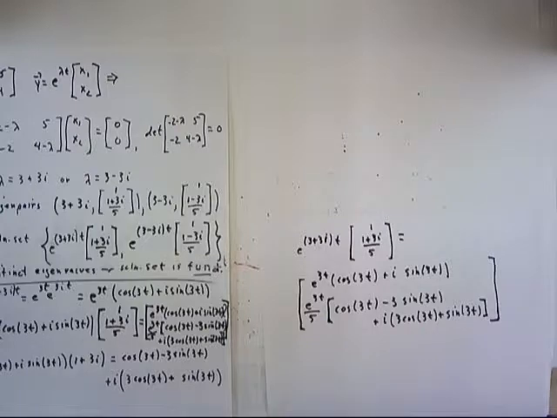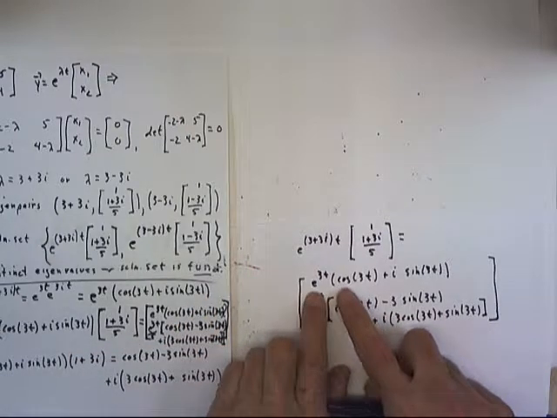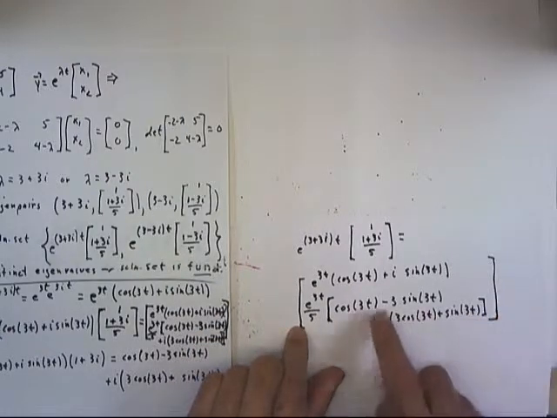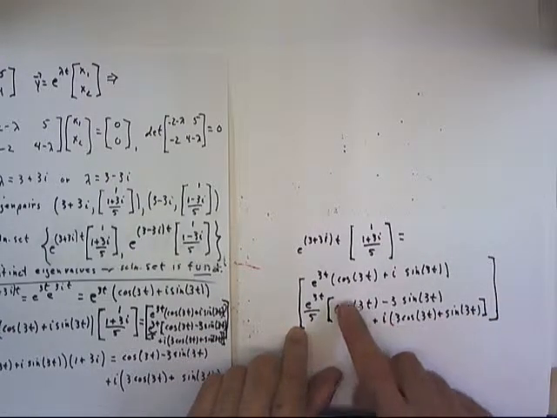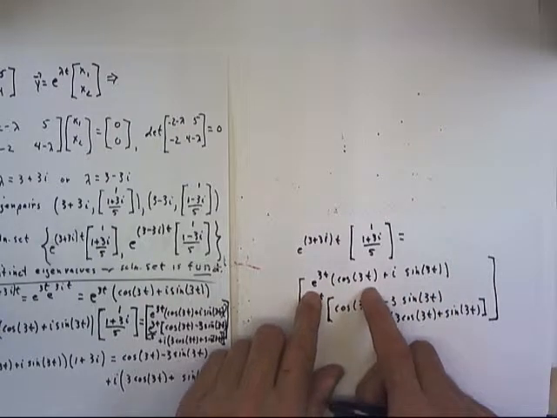Now I'll write this down off camera, but we can see what happens next. We might not anticipate this, but we can separate this solution vector into a real and an imaginary part. The first component, the real part, will be e to the 3t cosine 3t.